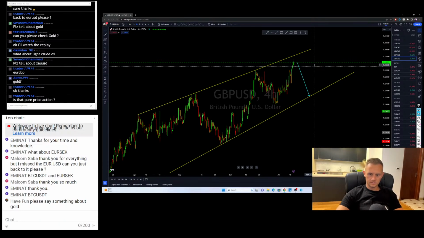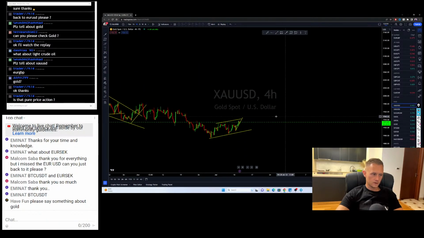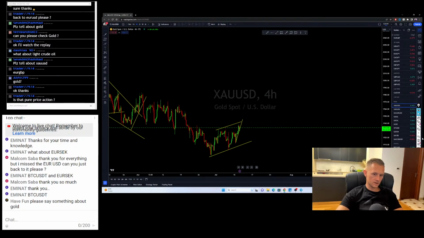Alright, please say something about gold. We've been discussing gold, but let me just tell you quickly. Gold can struggle for the next couple of hours, even till tomorrow. It can give you two 4-hour candles, that's at least 8 hours, before it starts going lower. But definitely there is a good opportunity to go for the sell.